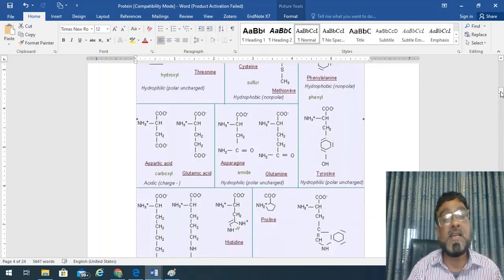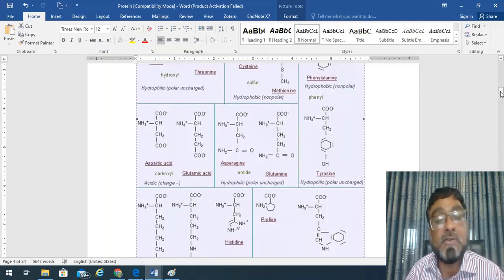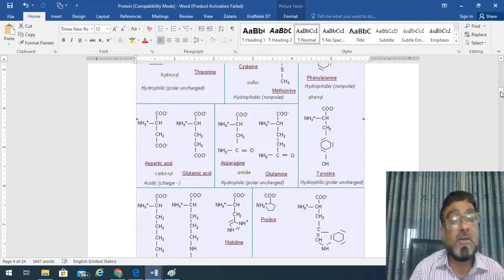Then there are two amino acids that are acidic in nature, and that have the extra charge on it. And you know that the acid behavior is due to the presence of the carboxylic acid. So these two amino acids will be containing an extra carboxylic acid in them, right?